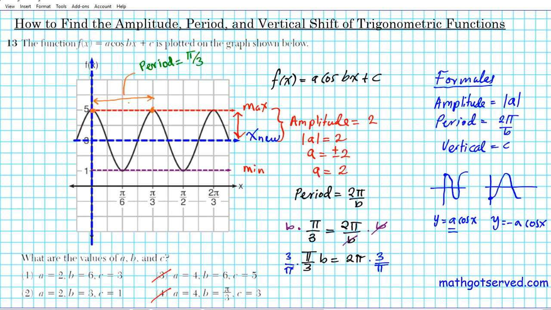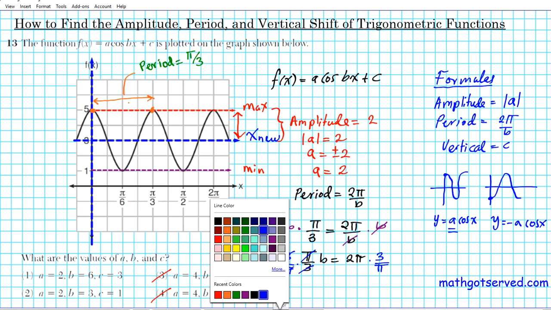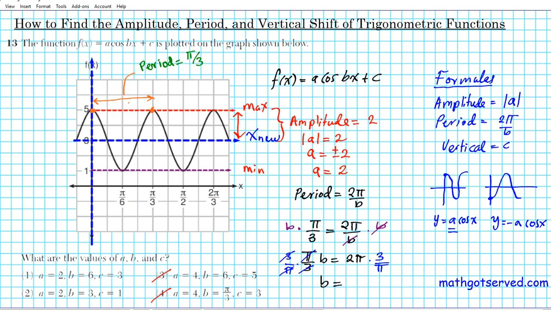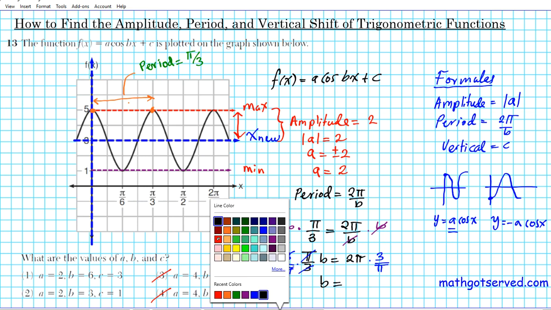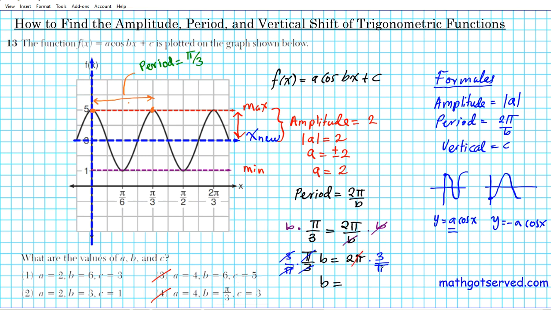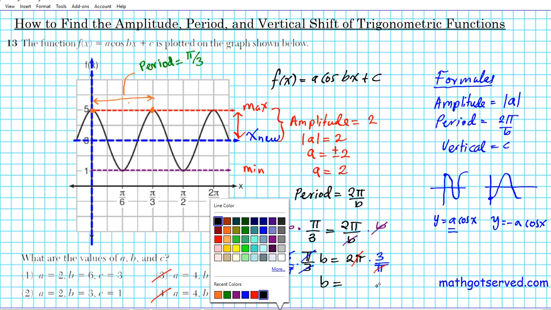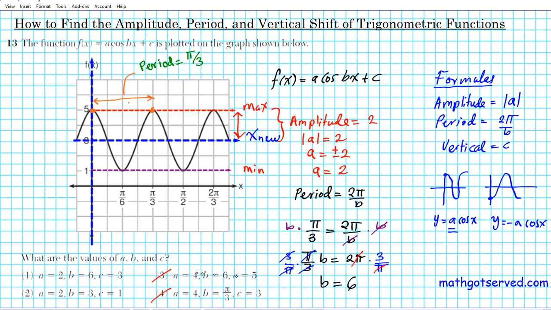So the pi cancels out, the 3 cancels, and then we have b equals, on the right side, the pi's cancel out, and our b value is 2 times 3, which is 6. b is 6. So we can clearly see that the answer to question 13 is option number 1.